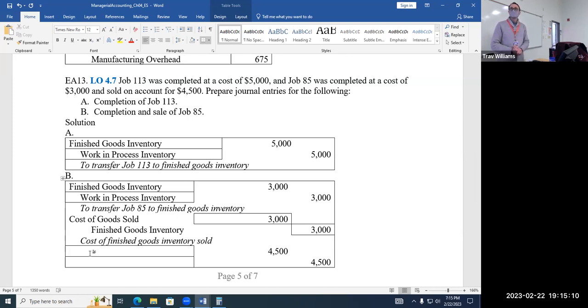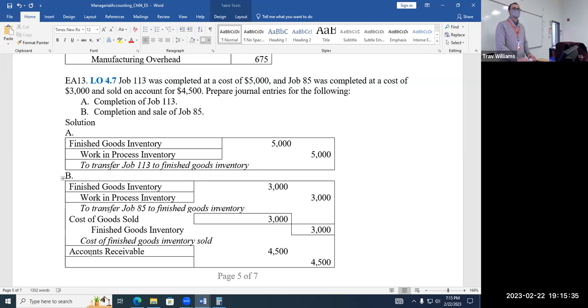Close. Accounts receivable. If we owe the money, then it's accounts payable. If we're going to receive the money, then it's accounts receivable. And what would be the other account?